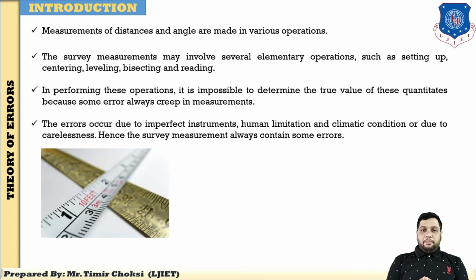Instrument error means imperfect instrument, human limitation, climatic condition or carelessness of the observer. So there are different reasons for error in a field measurement. Hence the survey measurement always contains some error.